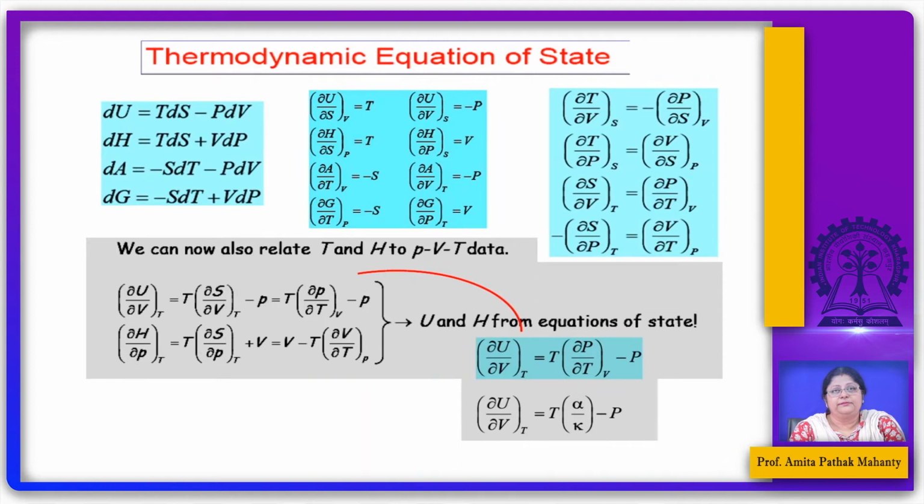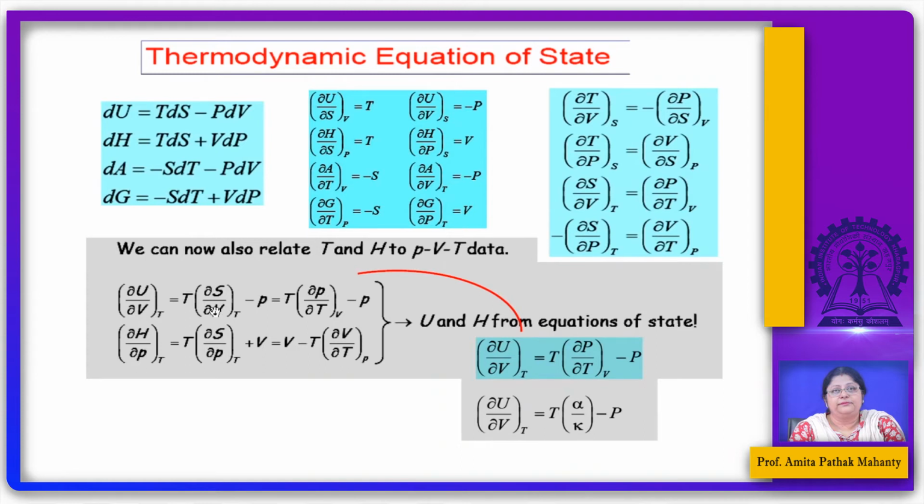Now how can we write this in terms of measurable parameters, which are temperature, volume, and pressure? What is delta S by delta V at constant temperature? Do you have a Maxwell's relation for this?